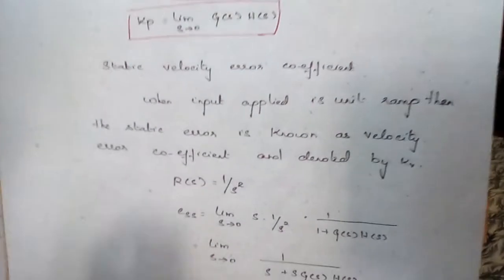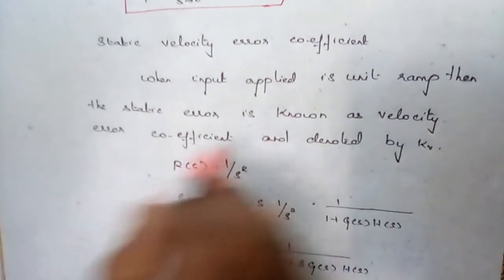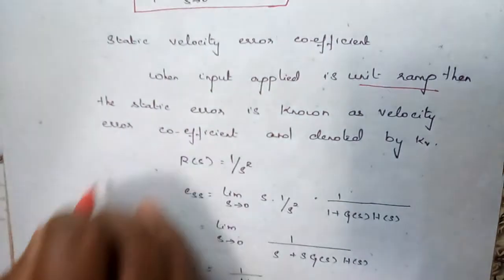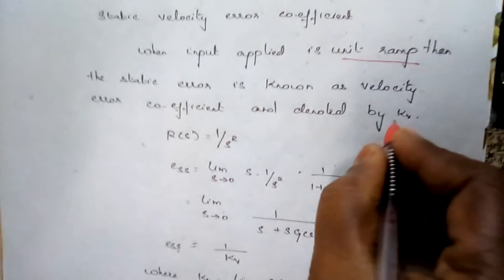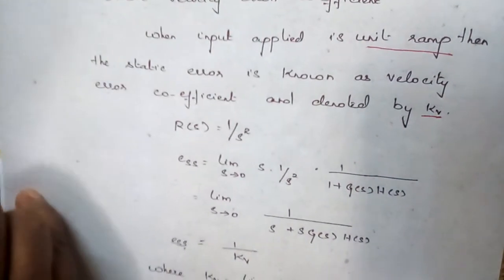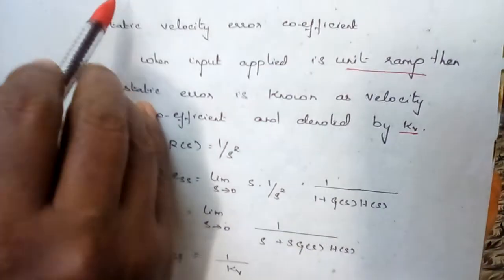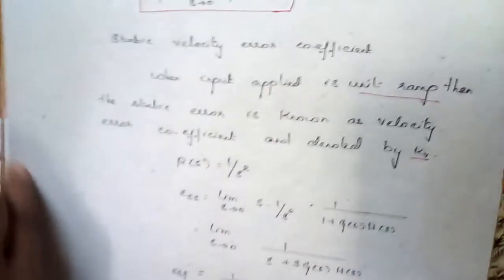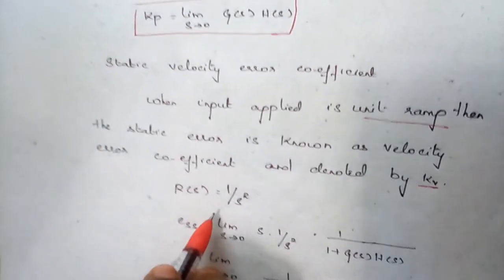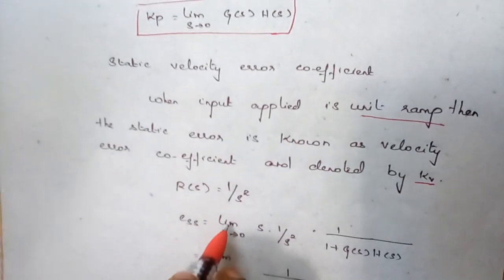Similarly, while discussing the velocity error coefficient, my input is a ramp input and my static error coefficient is denoted by the notation Kv. The input is R of s equal to 1 by s square.